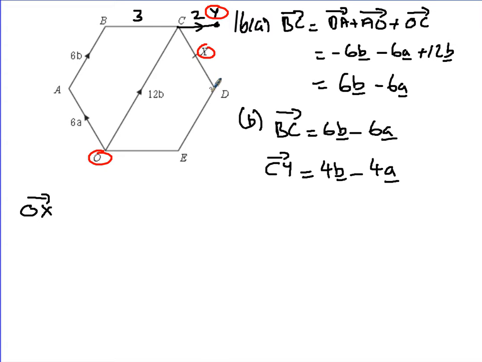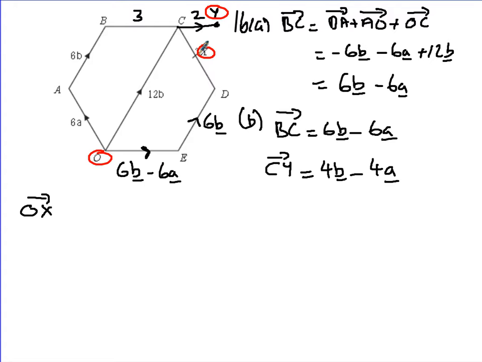C and D. How do you get from C to D? Do we know what the D and E movement is? Well, the D and E movement here is 6B. And OE is the same as BC, which we've worked out already, which is 6B minus 6A.